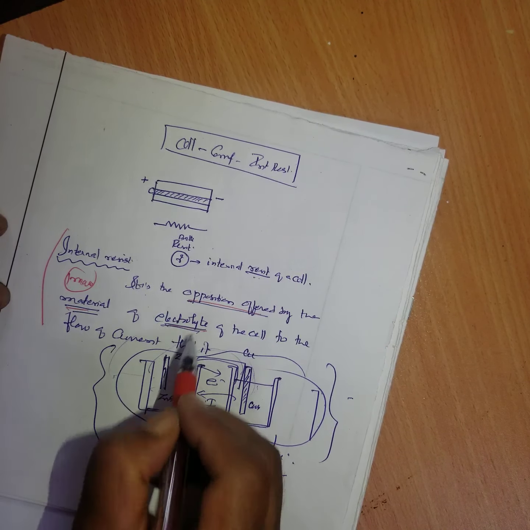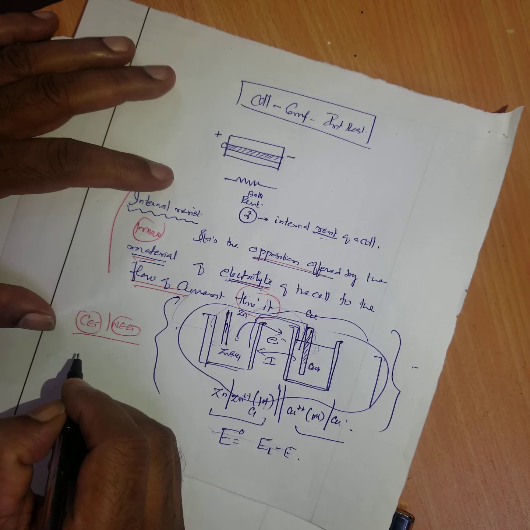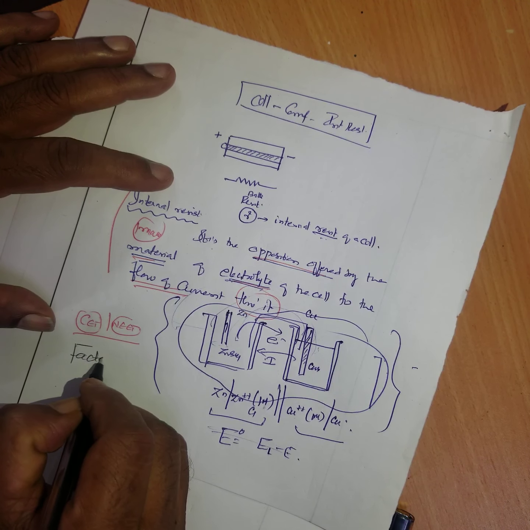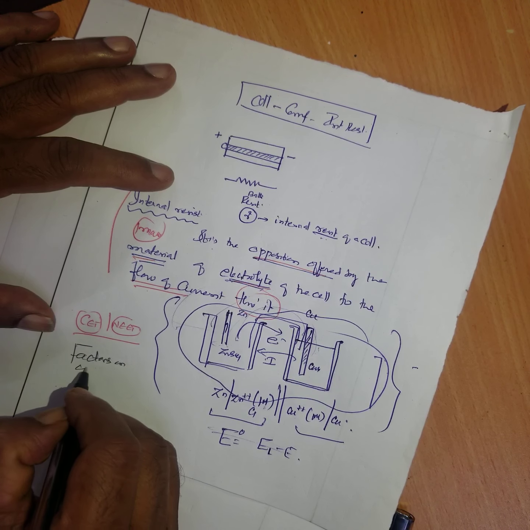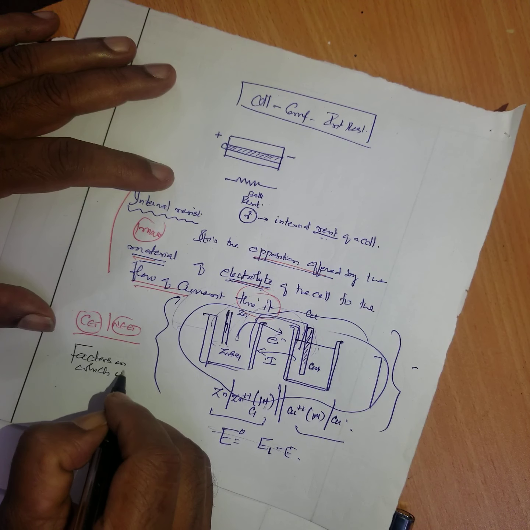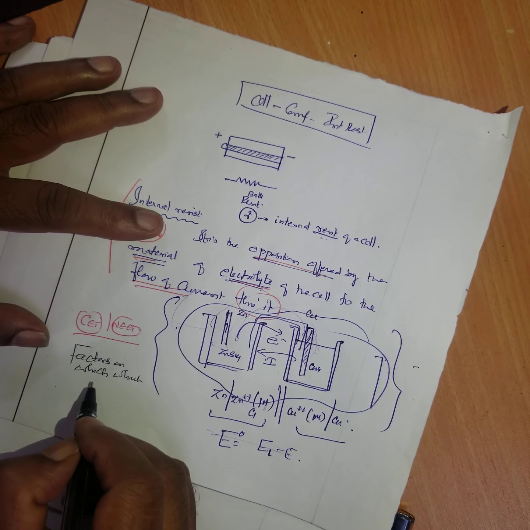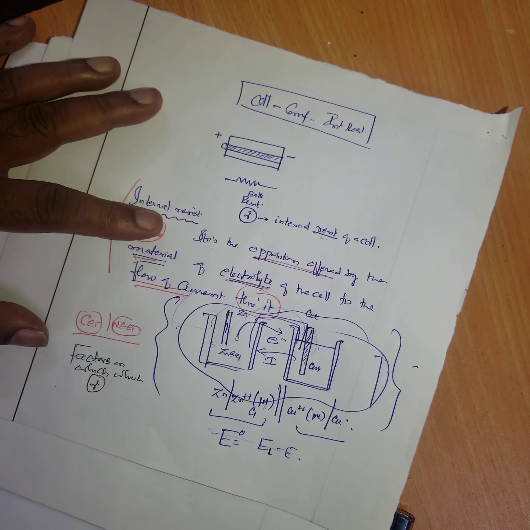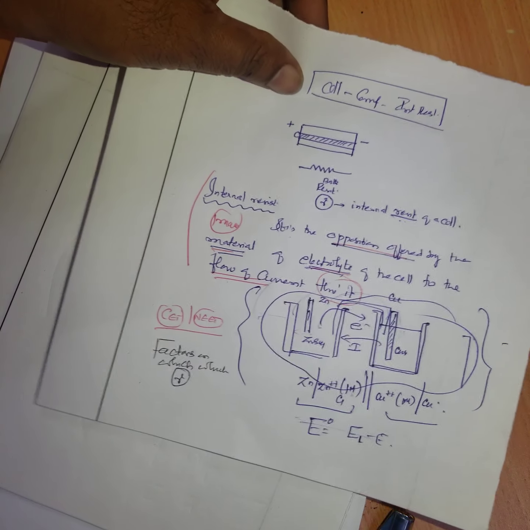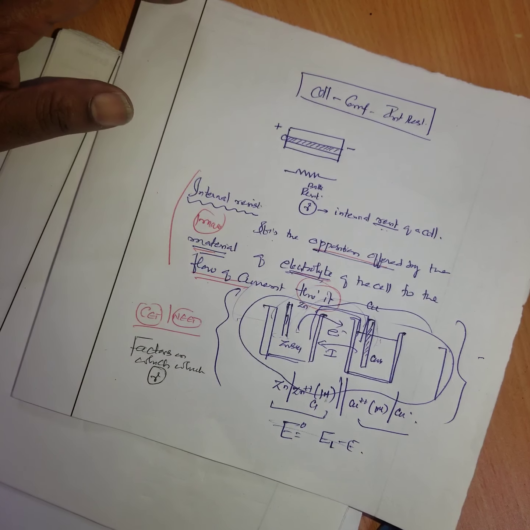Now in CET or NEET, any examination, what are the things asked? They'll ask you the factors on which the internal resistance depends. What are the factors on which the internal resistance depends? Tell me.